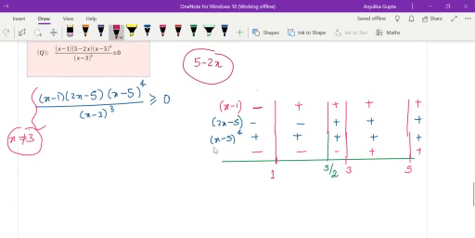Now what is the collective sign of this expression? 4 positives make a positive. See, this is also positive, negative, positive, negative. Can you see the sign was alternating except at 5? You did not alternate sign at 5 because it had an even power.